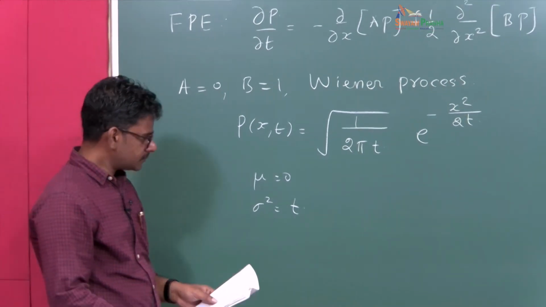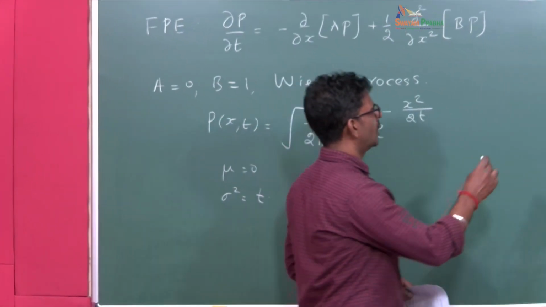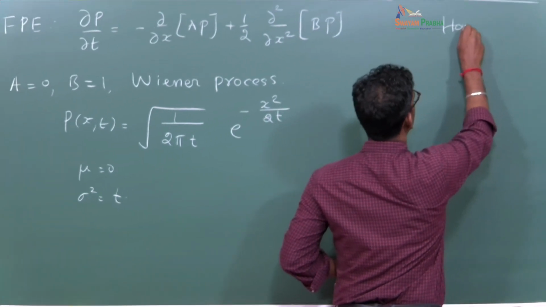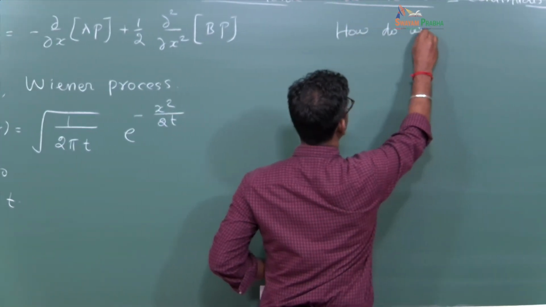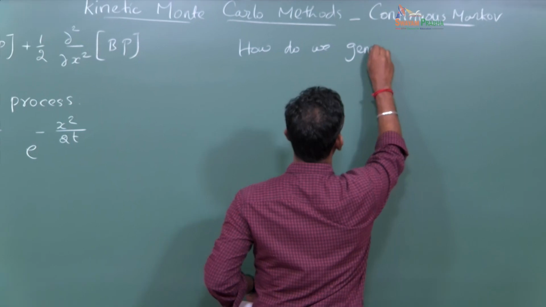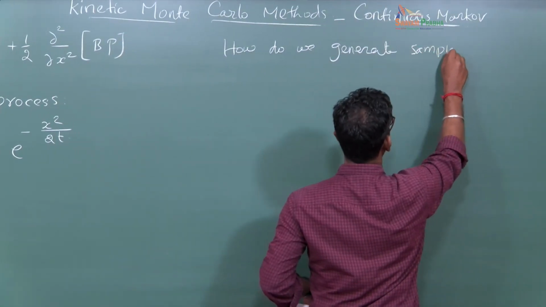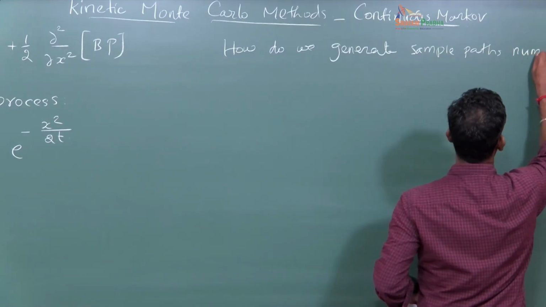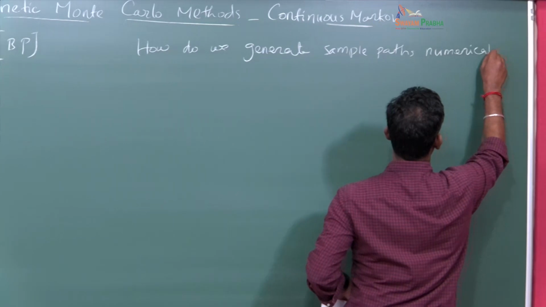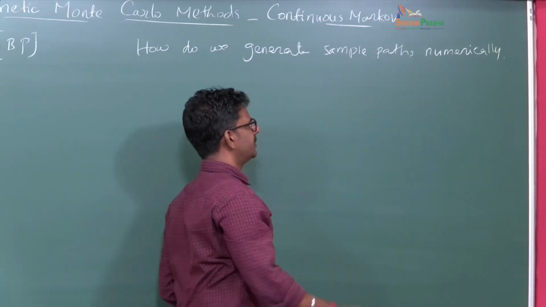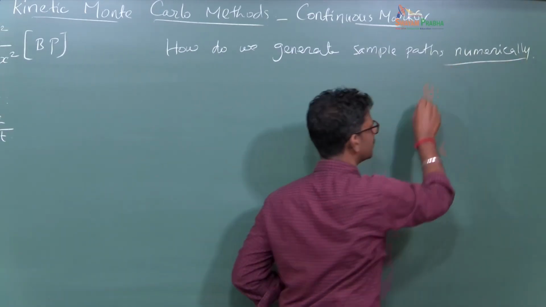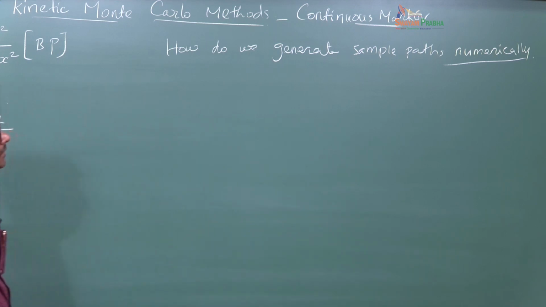So the real question here is, how do we generate sample paths numerically? This numerical method is what we call kinetic Monte Carlo methods.